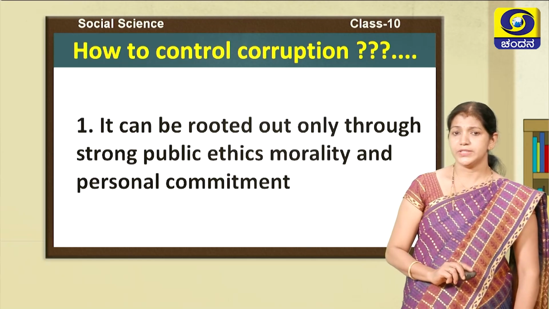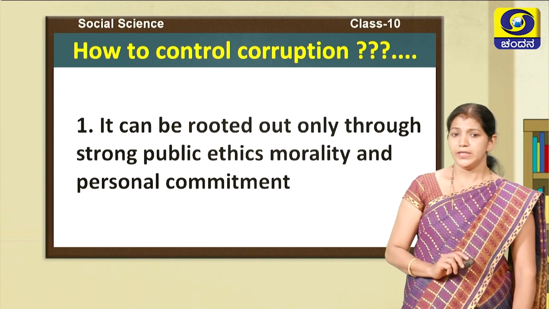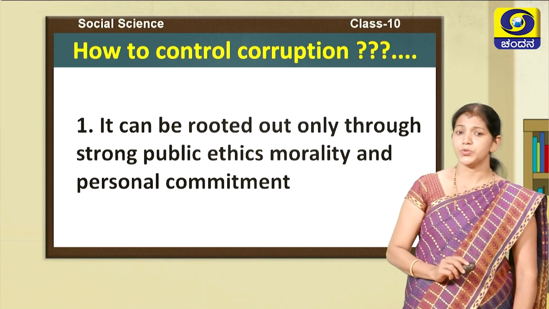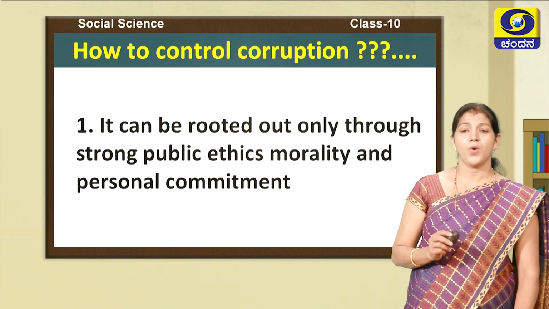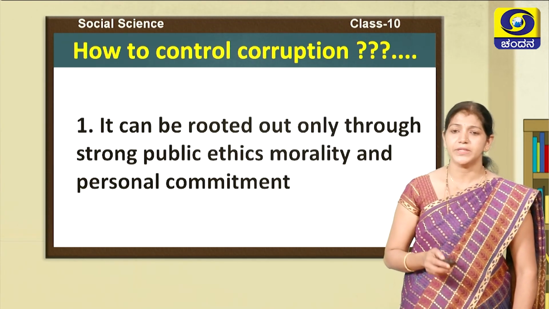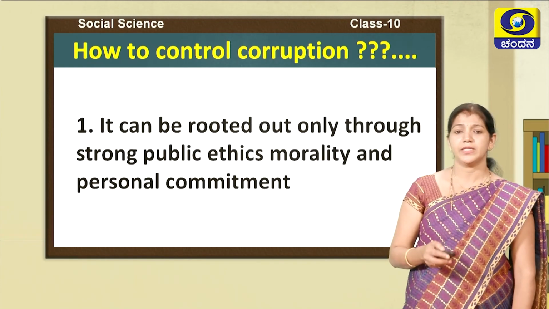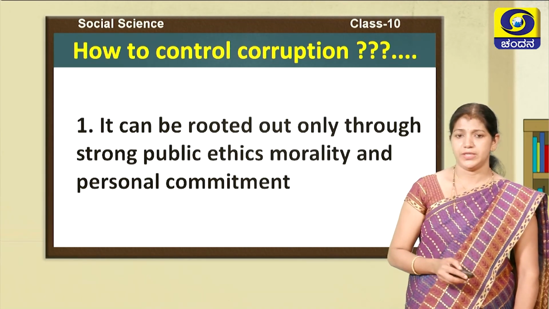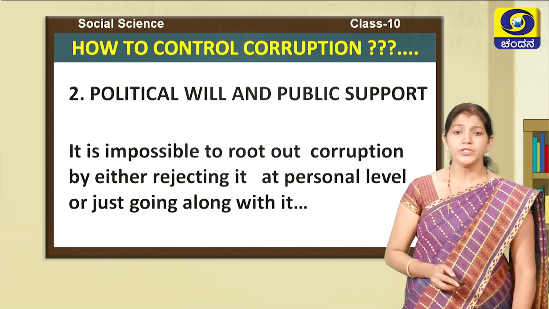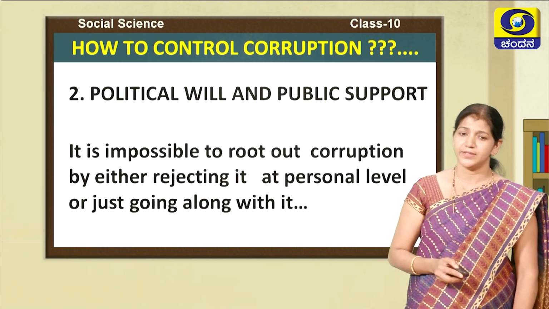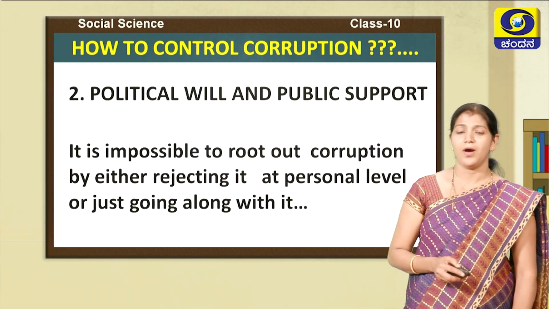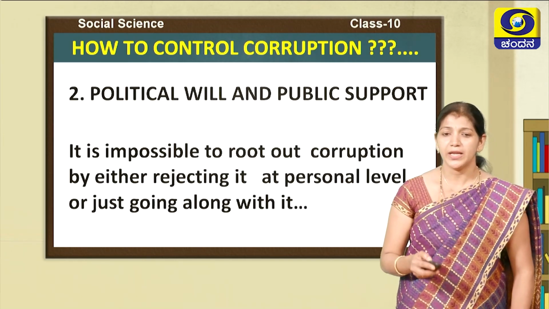How do we control this corruption? It can be rooted out only through strong public ethics, morality and personal commitment, which reduce corruption activities in society. It is impossible to root out corruption by either rejecting it at a personal level or just going along with it.